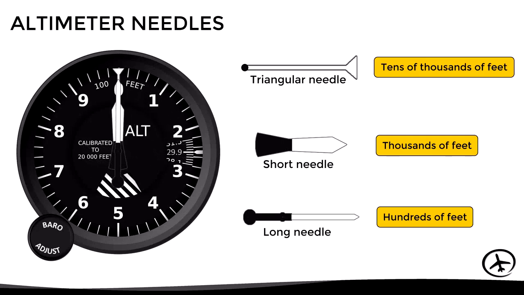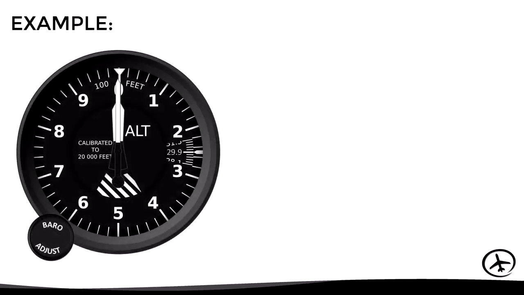Let's see some examples of how to read the altimeter using the 3 needles together. In this case, all 3 needles are pointing 0, which indicates 0 feet. So in other words, the aircraft is exactly at the barometric reference level. Now let's suppose the aircraft climbs and the altimeter shows this indication.